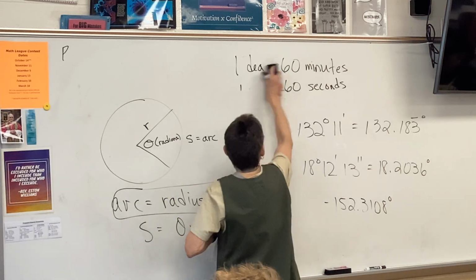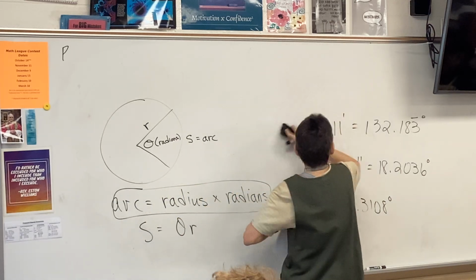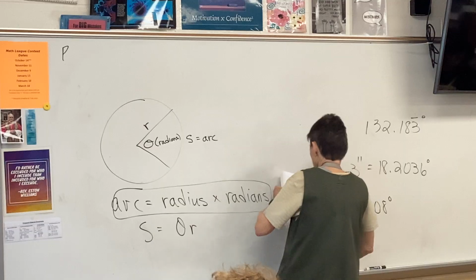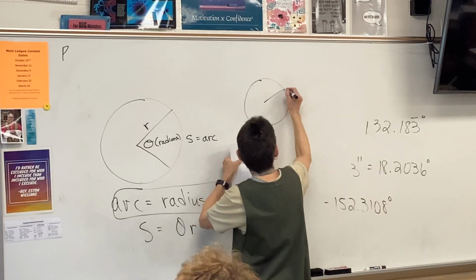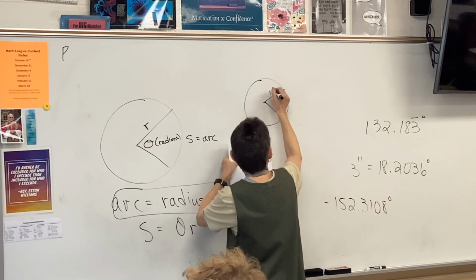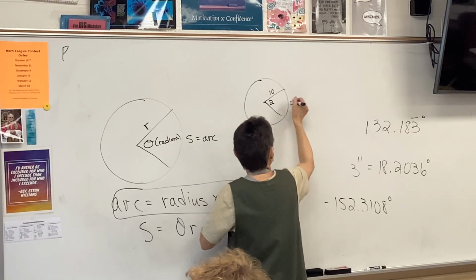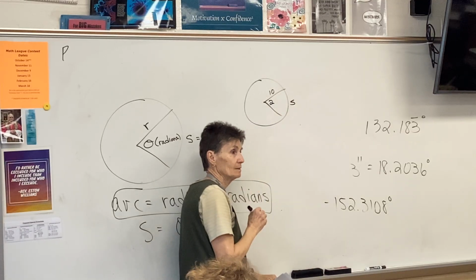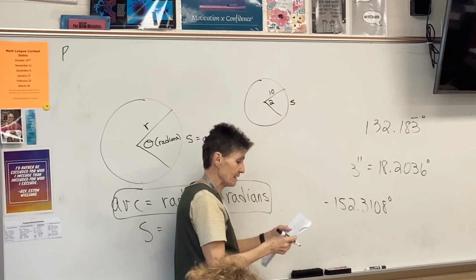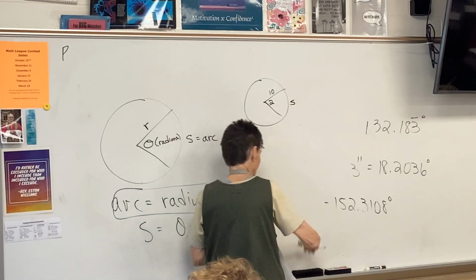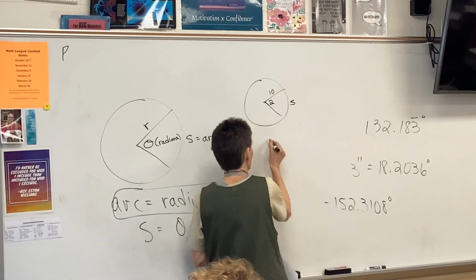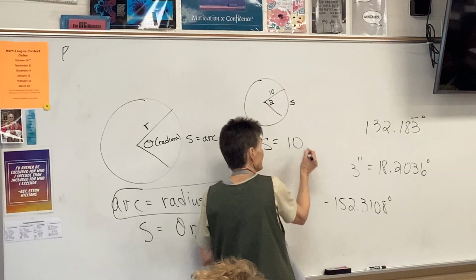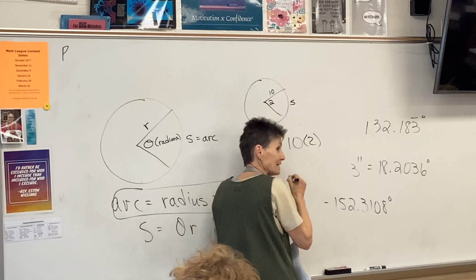Problem A says we have a circle. Radius is 10, angle is 2, and we want to find arc length. Well, shoot, kids, that's easy. Arc length, I'll say S, equals the radius times the radians.